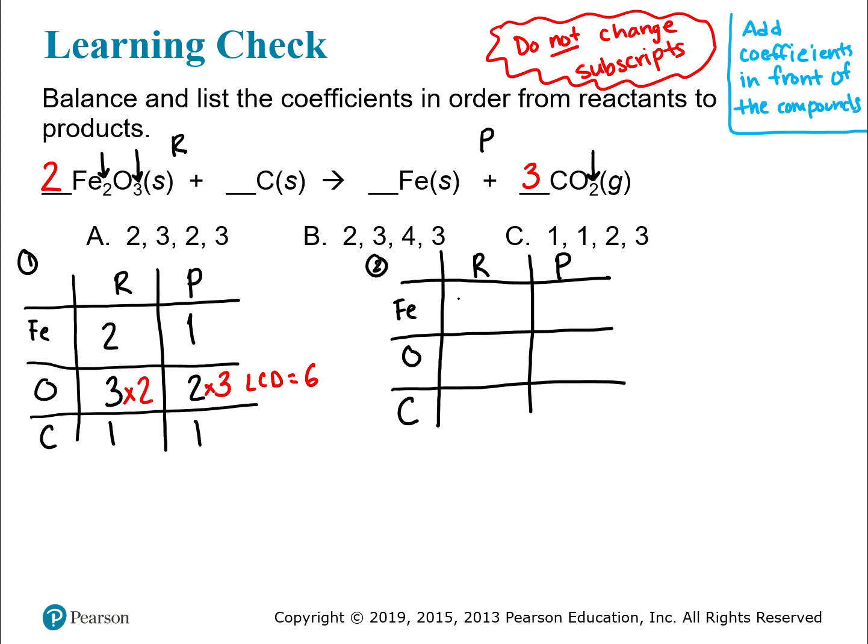That means that we now have 2 times 2, which is 4 iron atoms, and 2 times 3, which gives us 6 oxygen atoms. Haven't touched the carbon, so there's 1. Product side, we haven't touched the iron, so there's still 1. The carbons, however, there are 3 carbon dioxide molecules, which means we've got 3 carbons, and 3 times 2 is 6 oxygens.